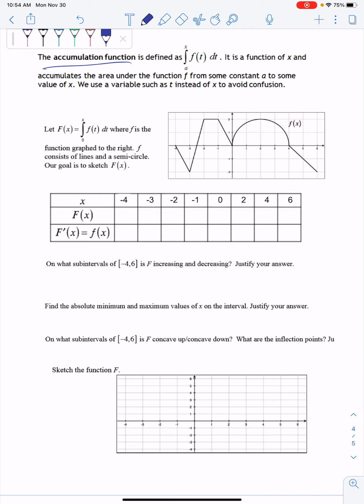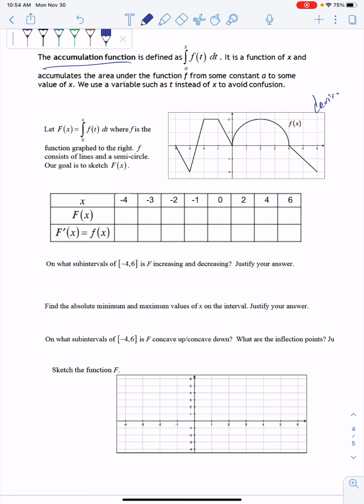So it gives us this function, little f of x, our derivative. So this is a graph of our derivative. And it wants us to find these values. It tells me that big F is the integral from 0 to x of f of t dt.